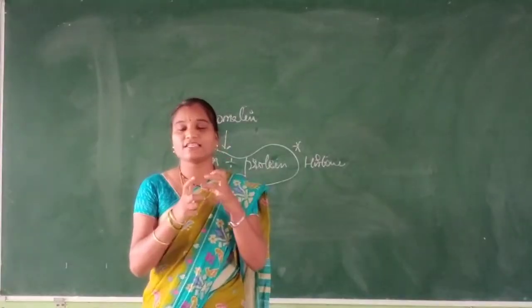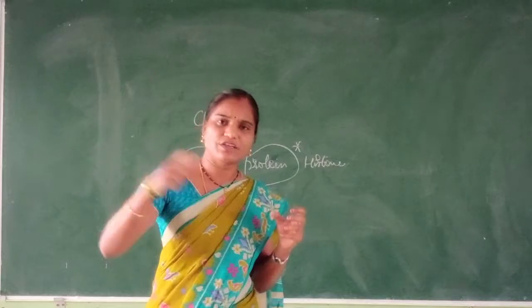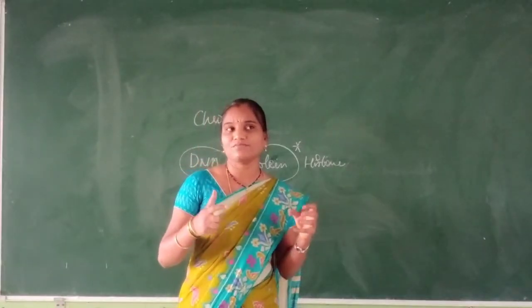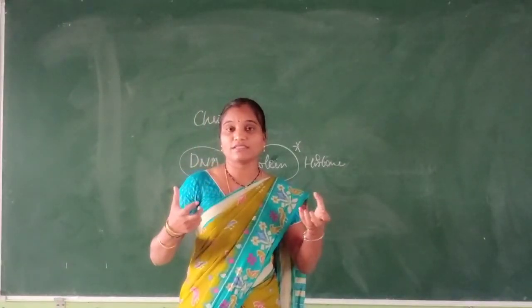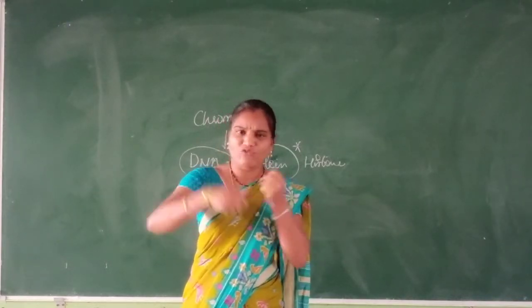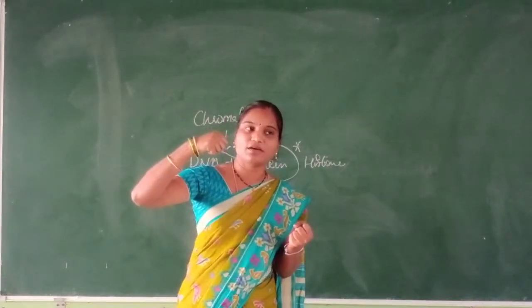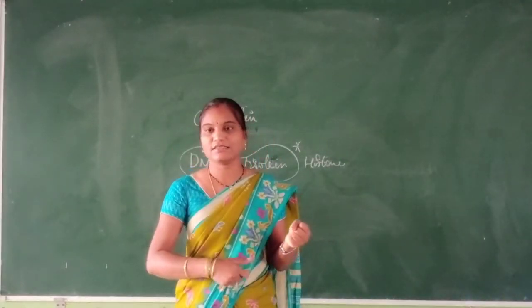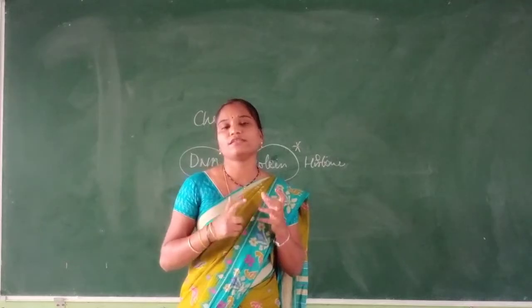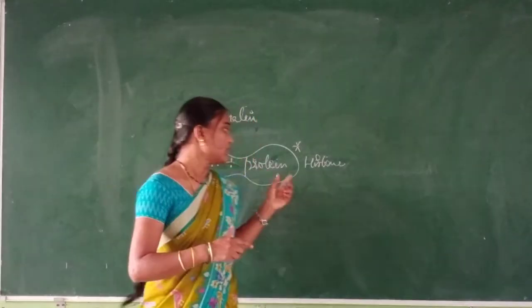For all this material to be included in your cell, you need some anchoring points to attach your DNA molecule to and wrap it around, so that it gets inside the cell. All you need is protein molecules. The proteins are your histones.